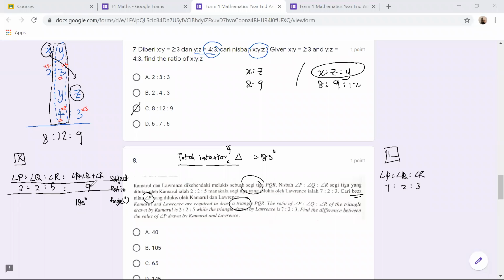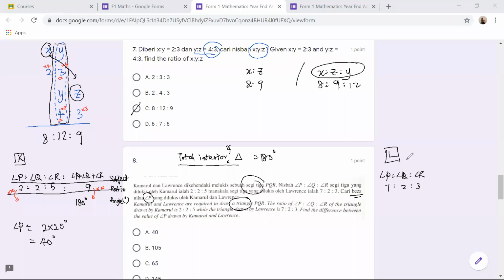How do you get from 9 to 180? We multiply by 20, or you take 180 divided by 9 to get the factor. We are only interested in P, so we take P only and multiply with 20. That means the angle P drawn by Camaro will be 2 times 20 degrees, which is 40 degrees.